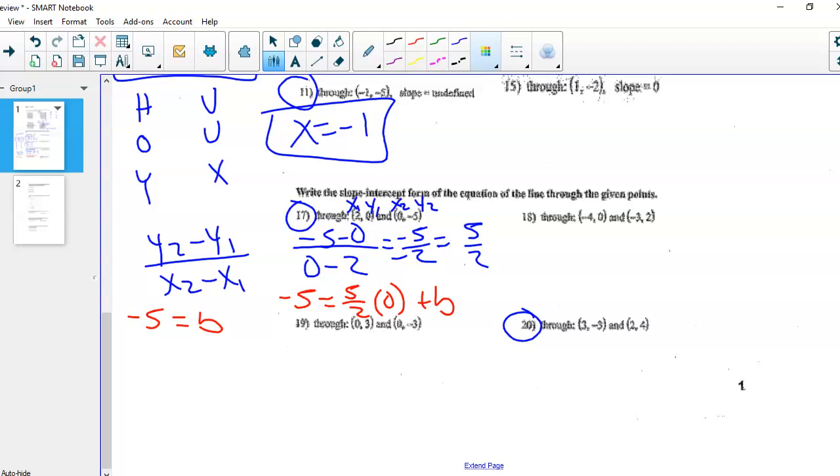Put this point into your equation, y equals mx plus b. This would be 0, so negative 5 equals b. What's your equation? Y equals 5 over 2x minus 5. Yes.